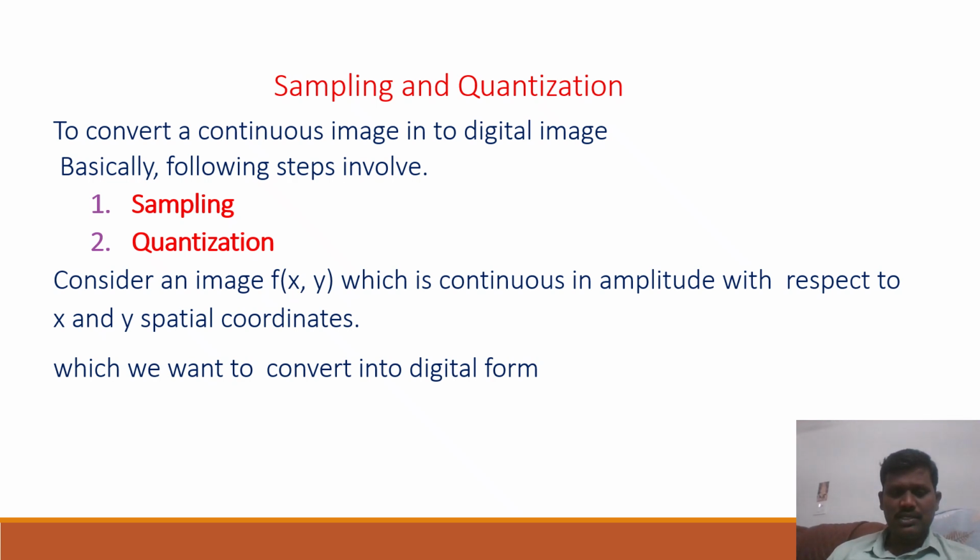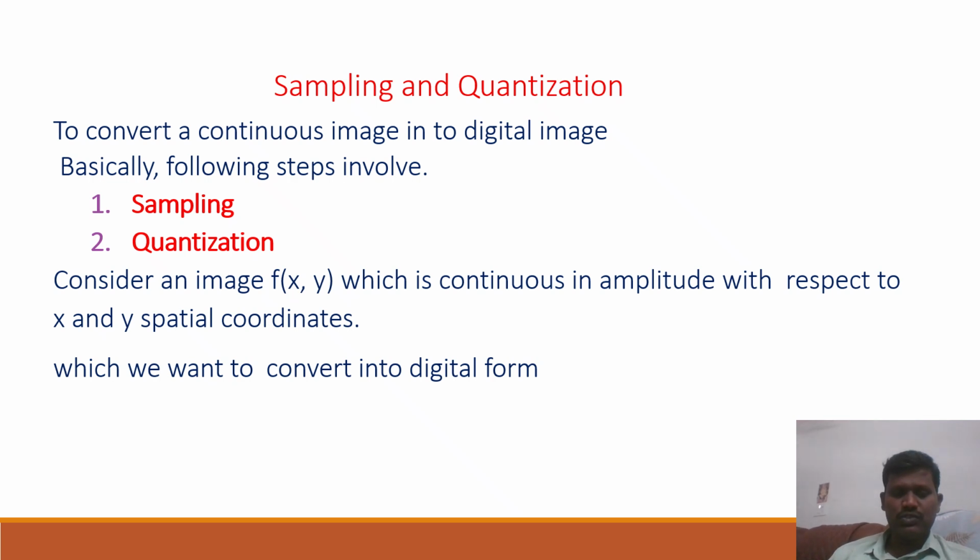As we already discussed, an image is represented mathematically as a function f(x, y), where x, y are the spatial coordinates and f is the amplitude at those coordinates.